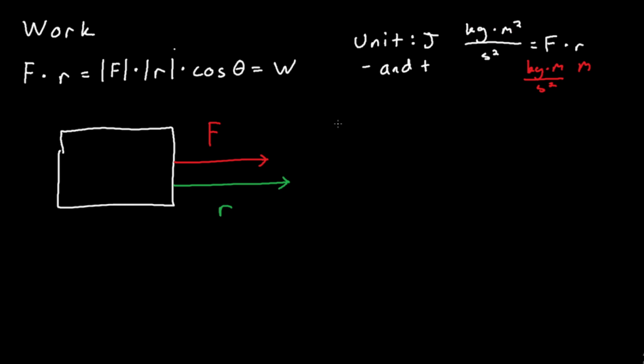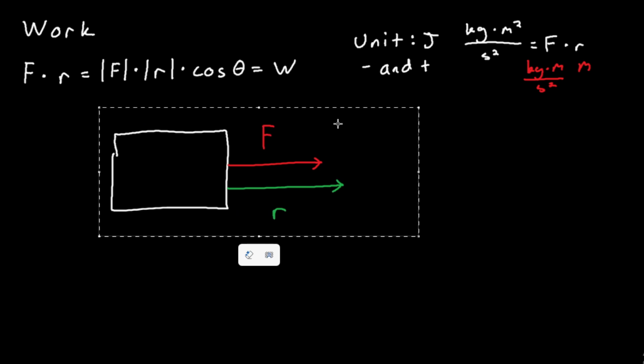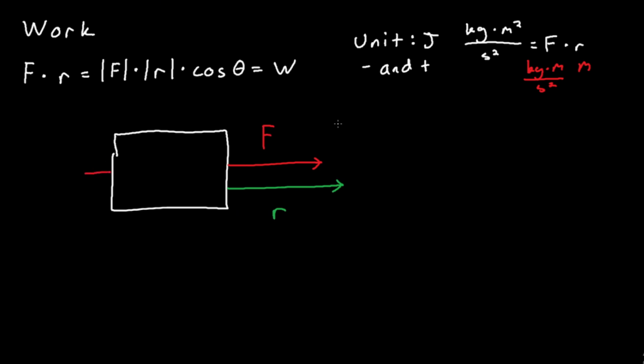But work is a measurement of how much your force is actually applying to your displacement. What if you have a force pushing directly to the left, but your displacement is to the right? If you find the dot product, your force vector is going directly to the left and your displacement directly to the right, so they have an angle of 180 degrees between them.